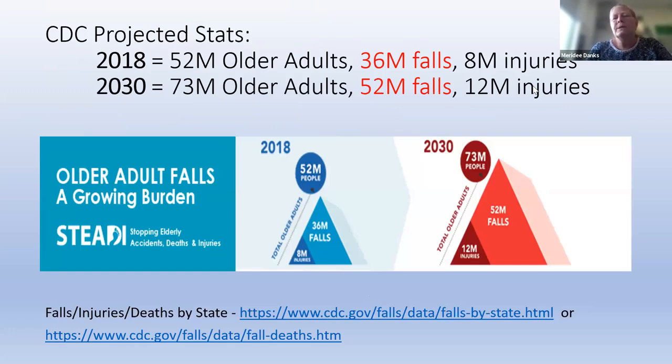There were 36 million falls and 8 million injuries. Projected statistics for the year 2030, as we know the older population is growing, are 73 million older adults, and they're projecting about 52 million falls and 12 million injuries.